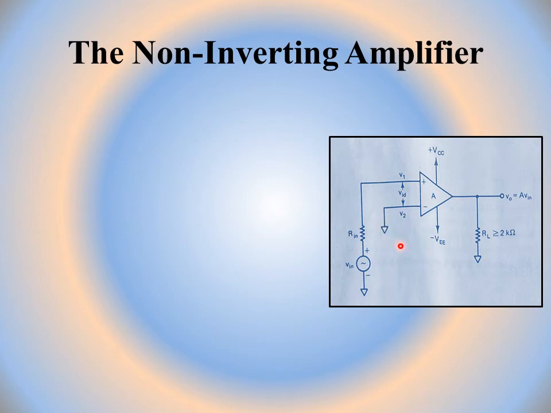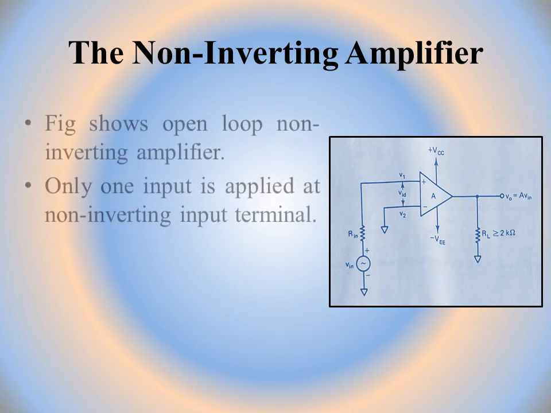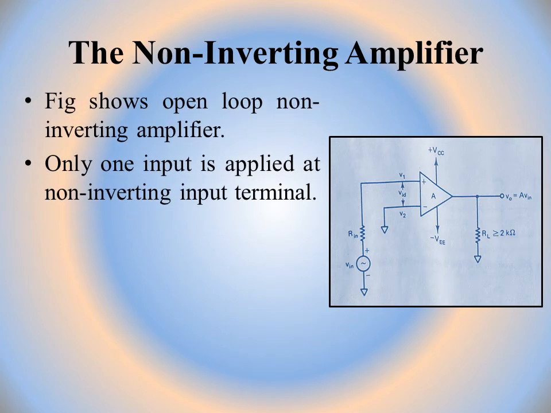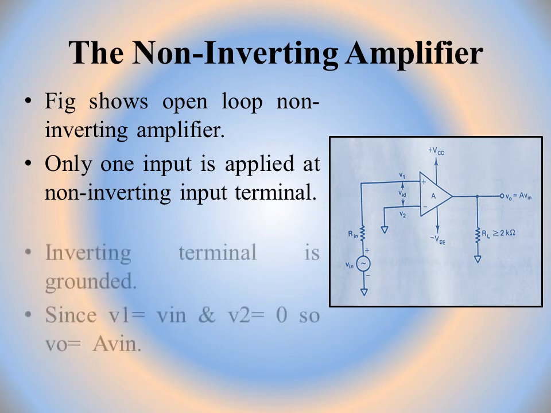So again, only one input signal is provided at the positive end and the minus end is grounded. The figure shows an open loop non-inverting amplifier. Only one input is applied at the non-inverting input terminal, that is the positive terminal.